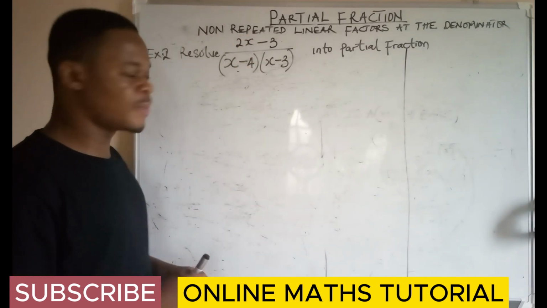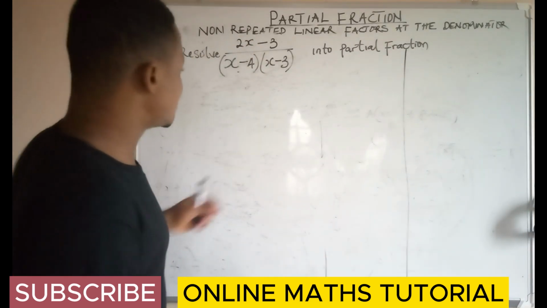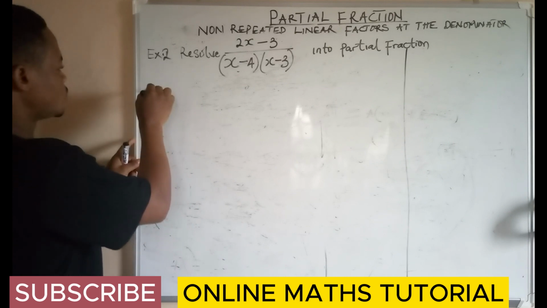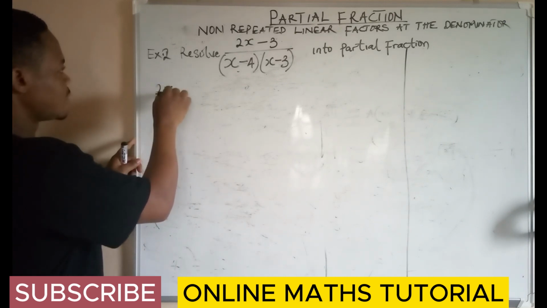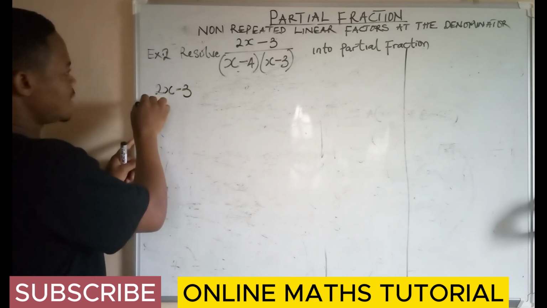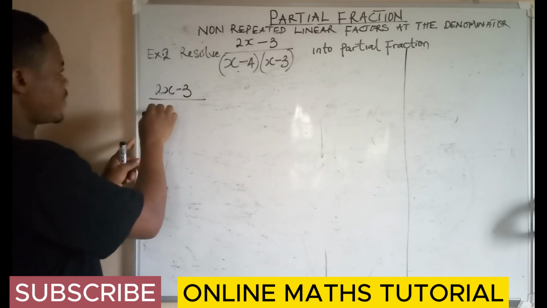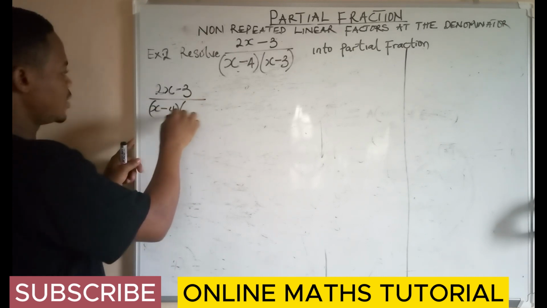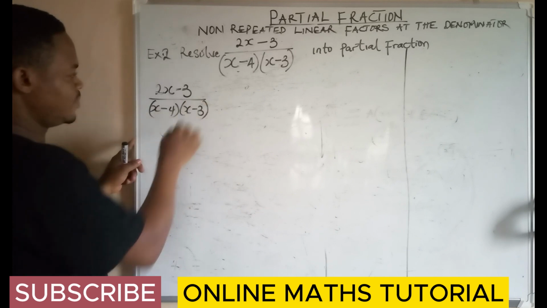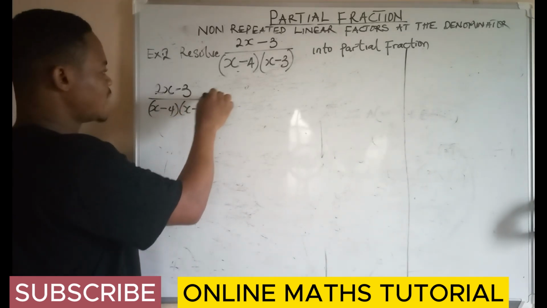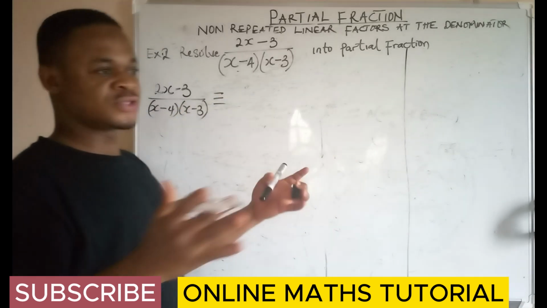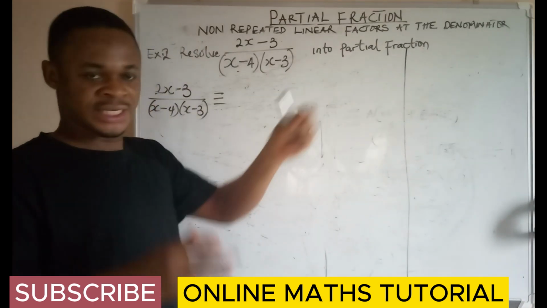So, to solve this problem, we will say that (2x minus 3) divided by (x minus 4) into (x minus 3) is equivalent to, we want to break it into different parts, but we don't know these parts.